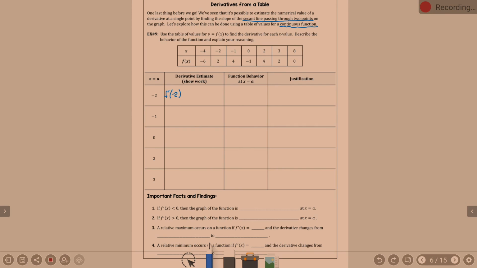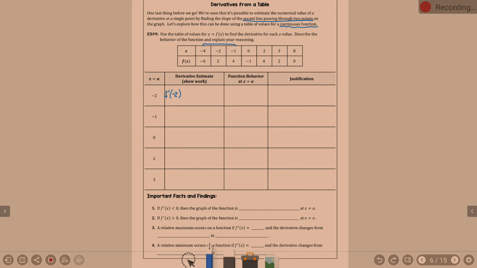The secant line is when the line crosses the graph in 2 points on either side. So in order to find -2, we're going to use the points on either side of -2 to find the slope. I can't find the instantaneous rate here, so I have to find the average rate.